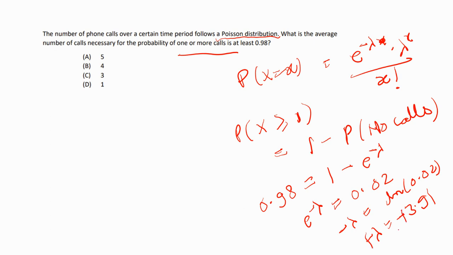So lambda will be 3.91, approximately 4. So this is the average number of calls necessary for the probability of one or more calls to be at least 0.98. Okay.